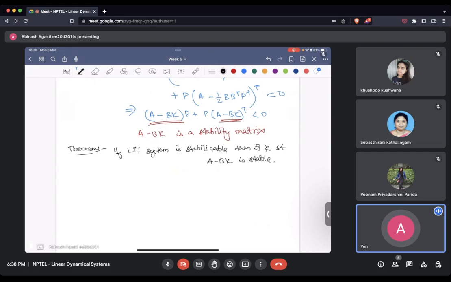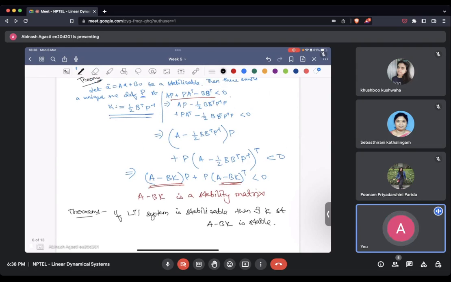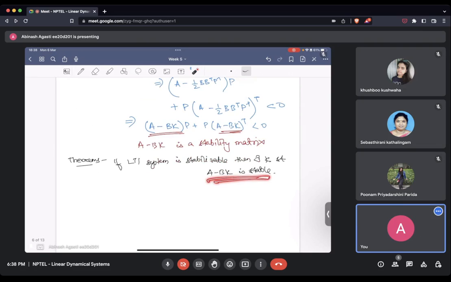This is what we proved here, right? Since this is stabilizable, I can always find a K from the solution P of this inequality, and the resulting closed loop system will have a stable A matrix. So A minus BK will be stable.